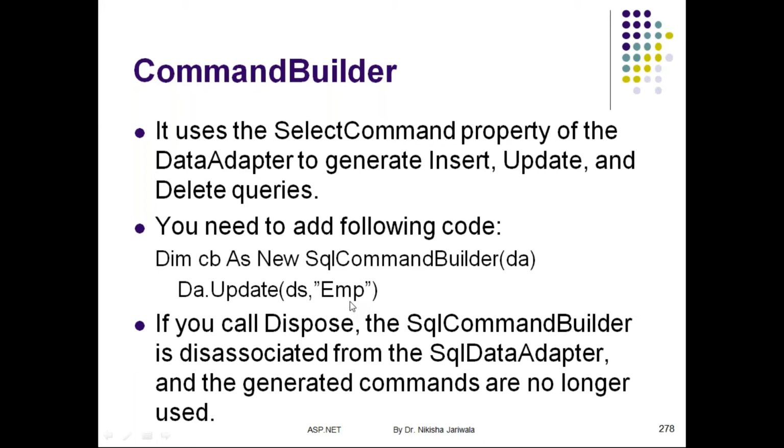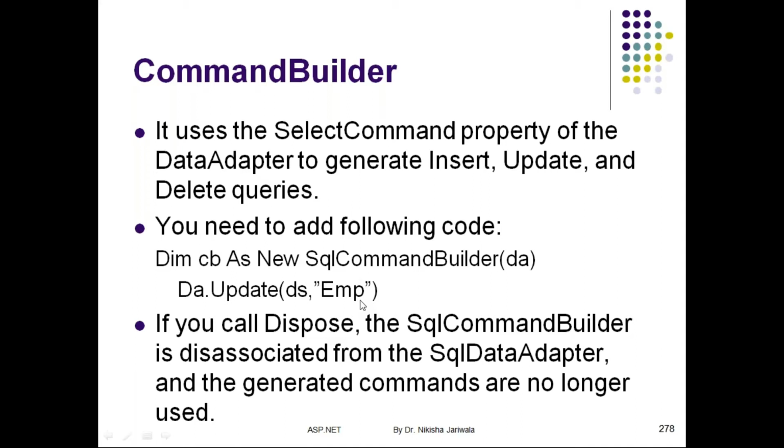Over here I have specified the EMP table, which is present in the data set. So the changes which we have done in this EMP table will be reflected in the table present in our database, or more precisely, in the data source.